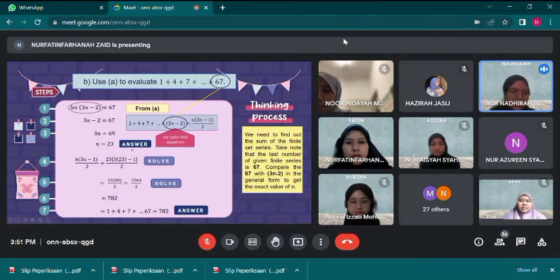After that, just substitute the value of n into the equation n(3n minus 1)/2, and we get the answer 782. So for the final answer, just rewrite the finite series again: 1 plus 4 plus 7 plus ... plus 67 equal to 782. Next.